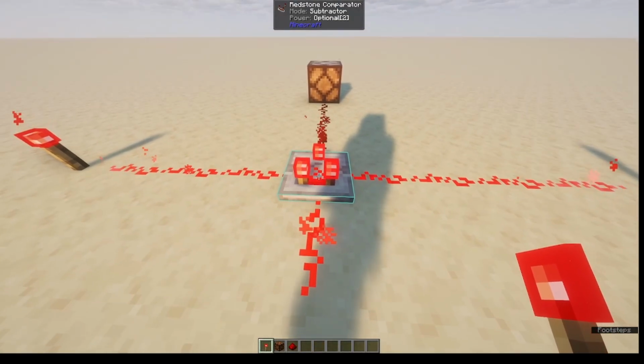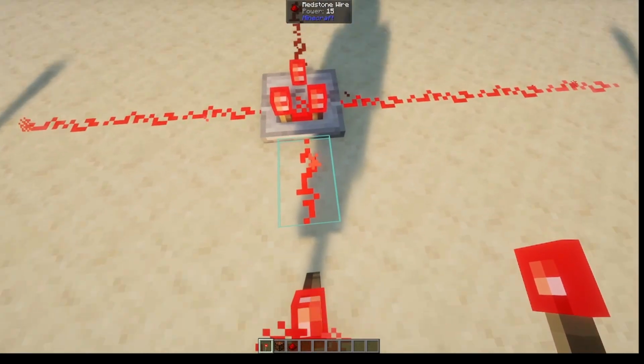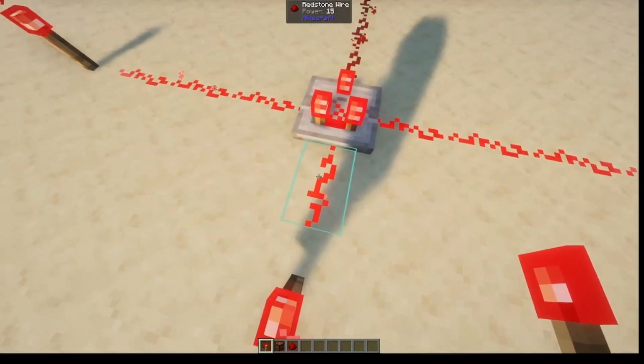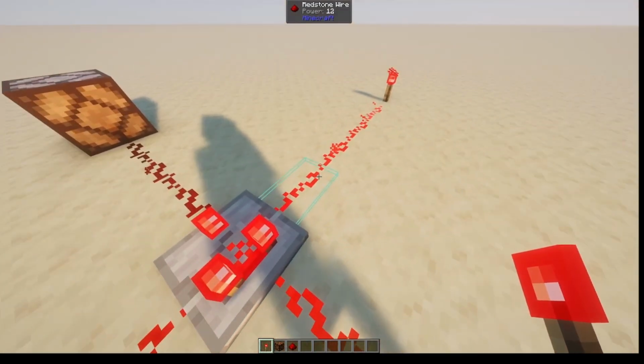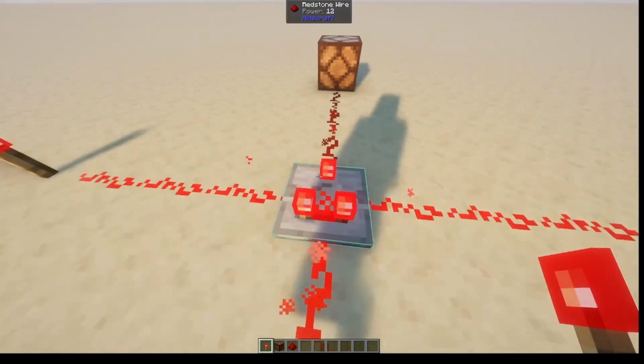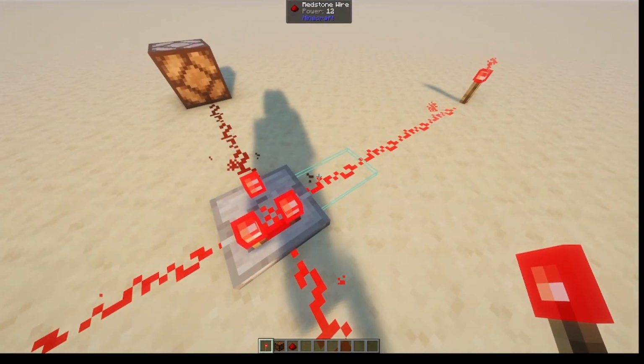Now the other mode is called the subtractor mode. What it does is take the rear input, which in this example is 15, and subtract the largest of the two values of the side inputs.